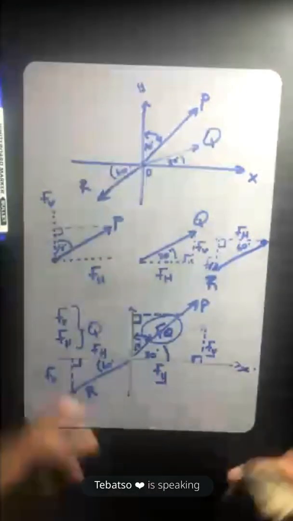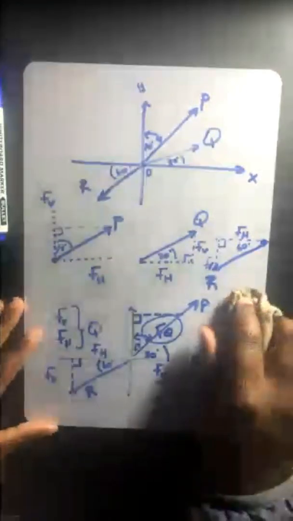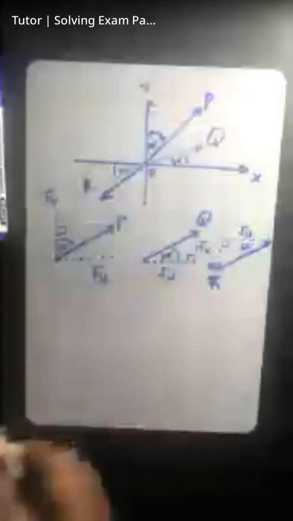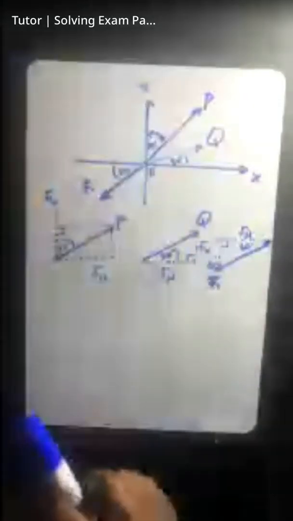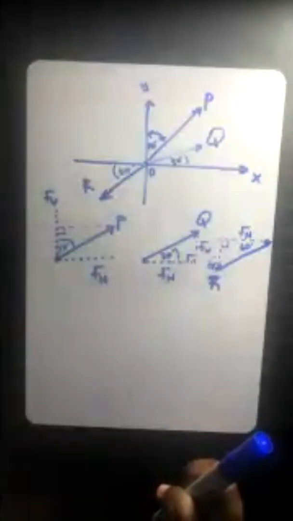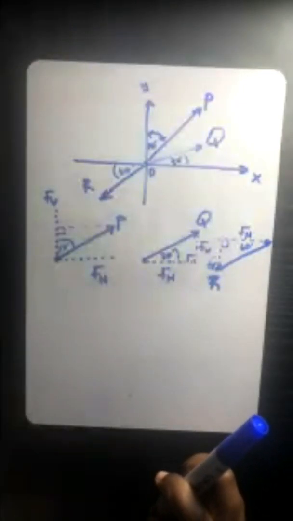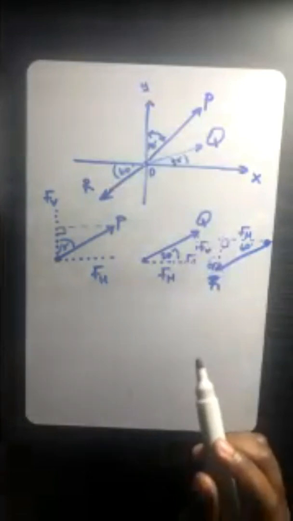So let's quickly check if we can answer that question. Remember, guys, the question says determine the magnitude and the direction of the resultant force, either by calculation or otherwise.